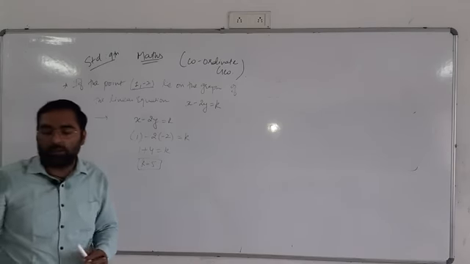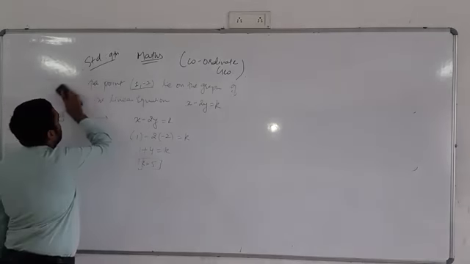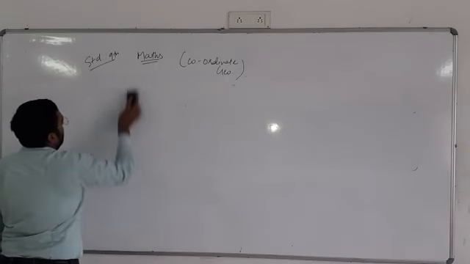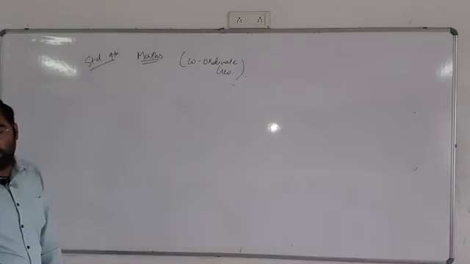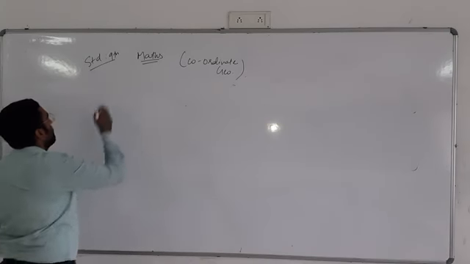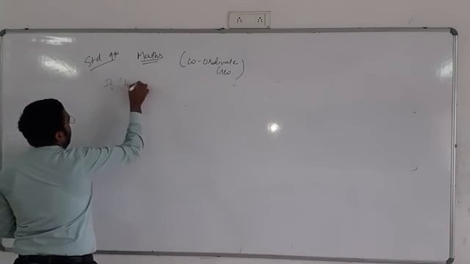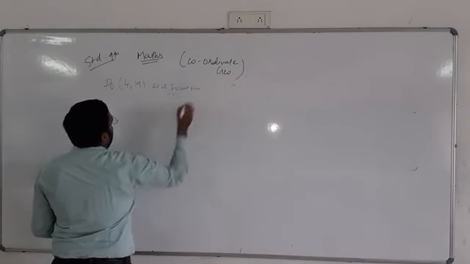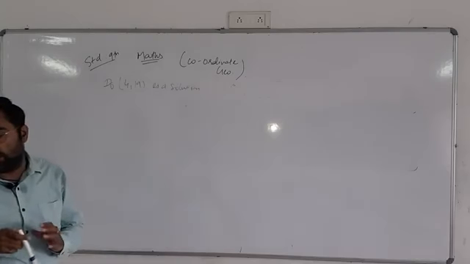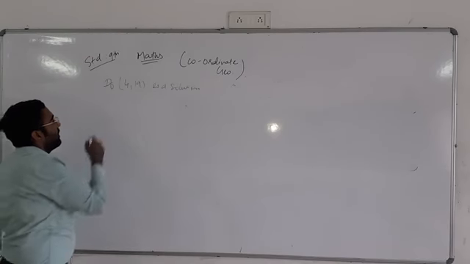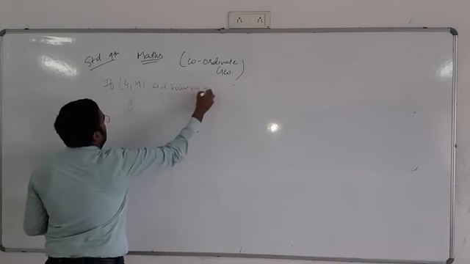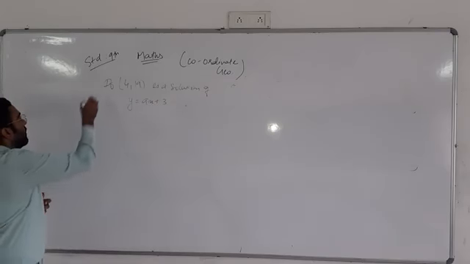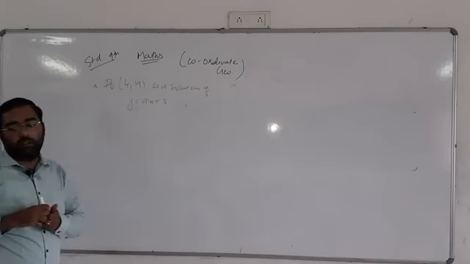Now we take another question. If (4, 19) is a solution of the equation, that is, my equation is y = ax + 3, then find the value of a.